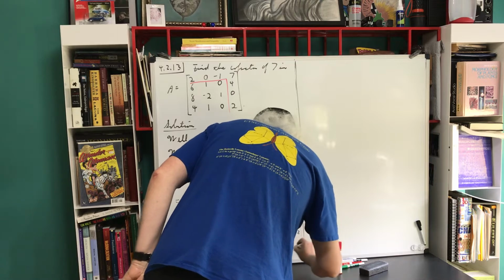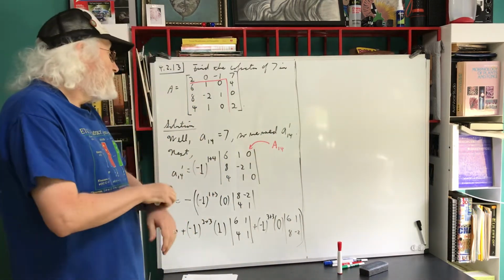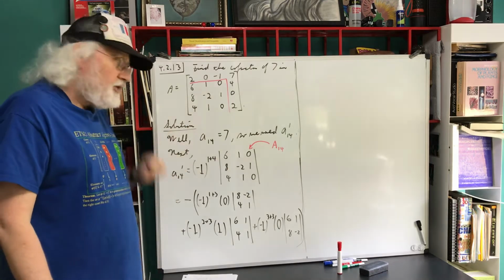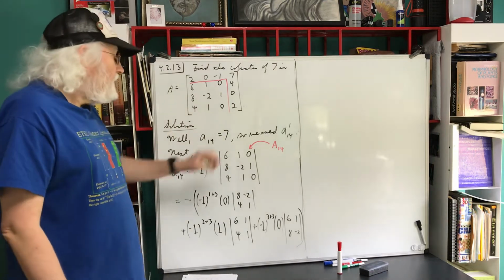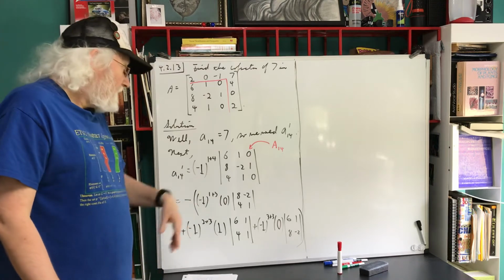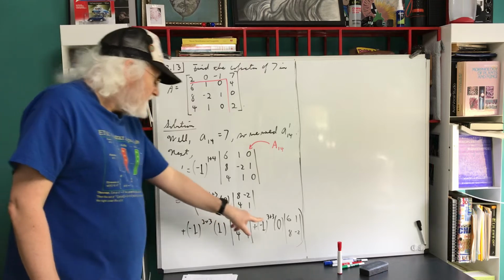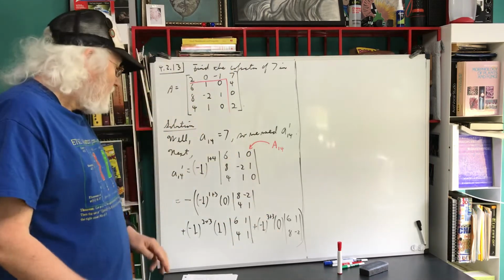And close off my parentheses from the beginning. Okay, so there's the expansion along the third column. I like the third column because of the zeros. I could have streamlined this, so I'm just trying to teach you something here in terms of the patterns. We've got a 0 here and a 0 here, so of course those terms go away.